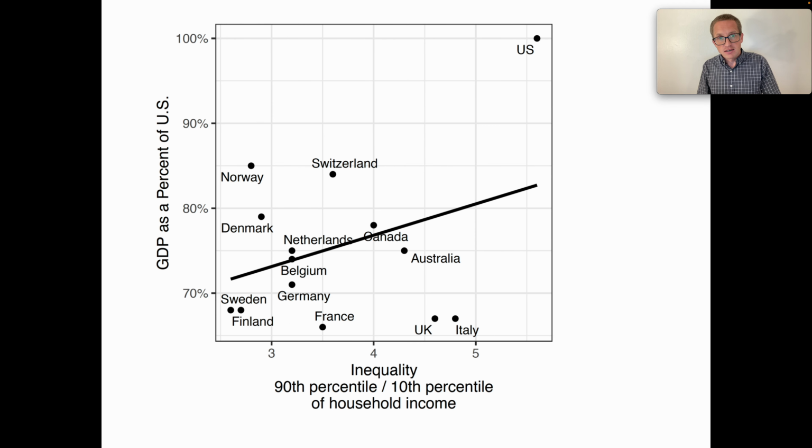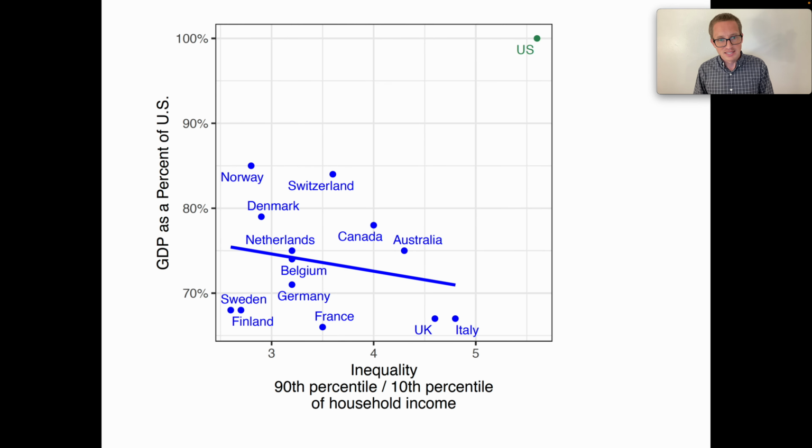But a skeptic could also look at the data and say, well, what I really see is that there's one group of countries over here at the left that has a moderate amount of inequality and a moderate amount of GDP. And then I have the US, way up here in the top right. The US is far more unequal than the other countries in this comparison and has far higher GDP than the other countries. If you want to argue that inequality is beneficial for GDP, your argument entirely hinges on the case of the US.